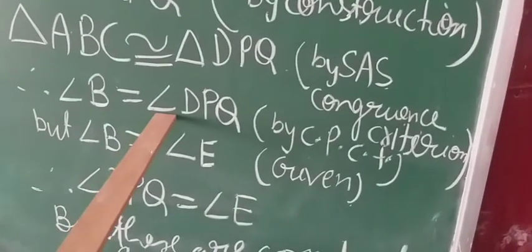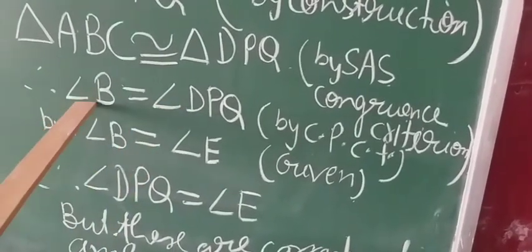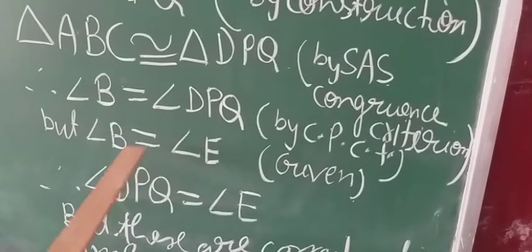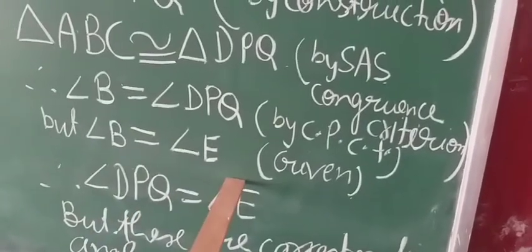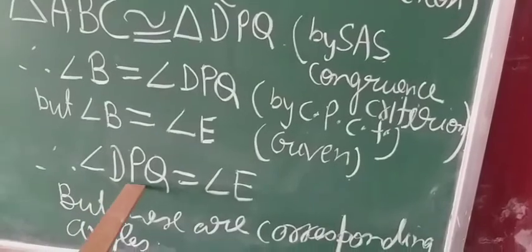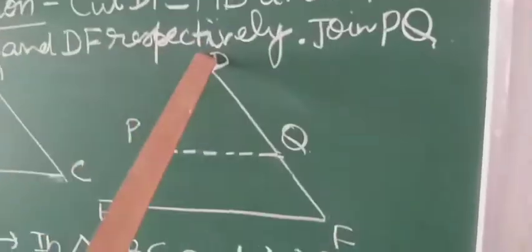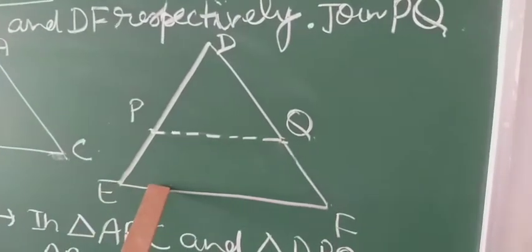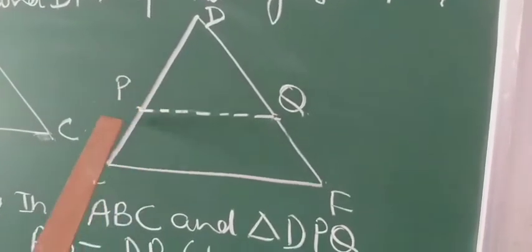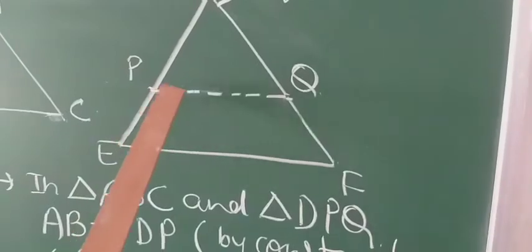So from angle B equals angle DPQ and angle B equals angle E, we can say angle DPQ equals angle E. Angle DPQ equals angle E, student. So these angles are corresponding angles.